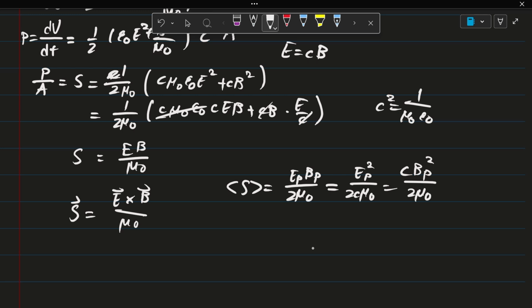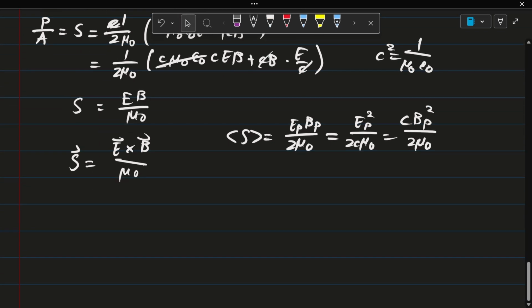So what we have determined here, this E cross B over mu 0, is the power over area. But let's think about another specific case in which we could determine what the power is. Maybe much more specifically, if we know the intensity within a certain range, we could determine what's the power.